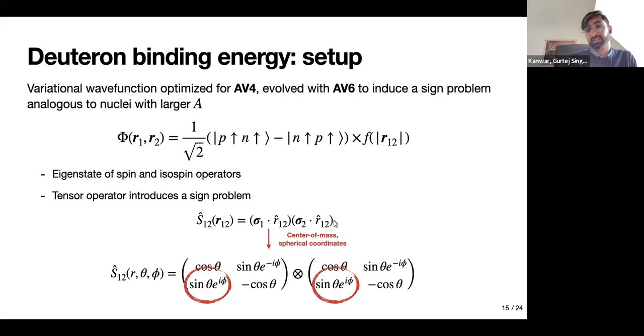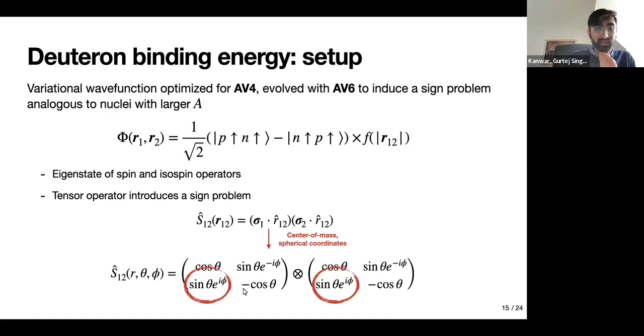So just taking the spin-orbit coupling part of the tensor operator and expanding this out in pure matrix form, we're looking at a spin-spin matrix for the first and the second particle. We can see that there are these spin flip terms that flip from up to down or down to up, and that's where the phase comes in.